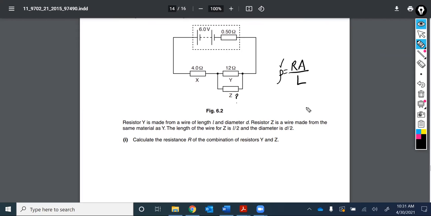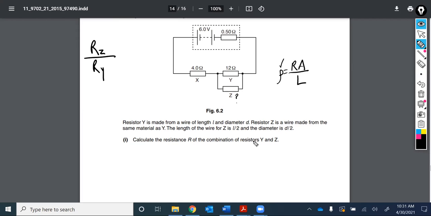All right, so let's consider how we might calculate the resistance of Z based on this. Let's set it up as a ratio. Yours and my favorite. So the ratio of the resistances RY to RZ, let's flip that around and make it the ratio of the resistances RZ to RY.